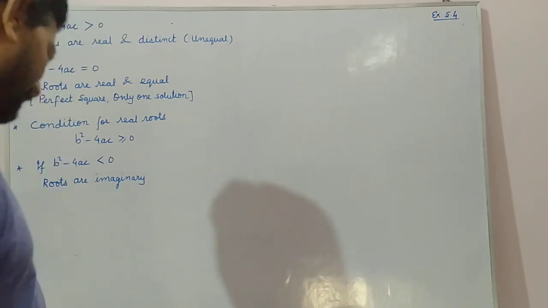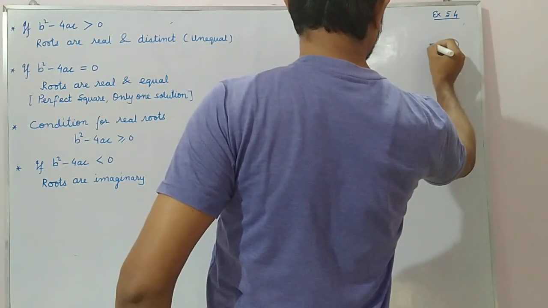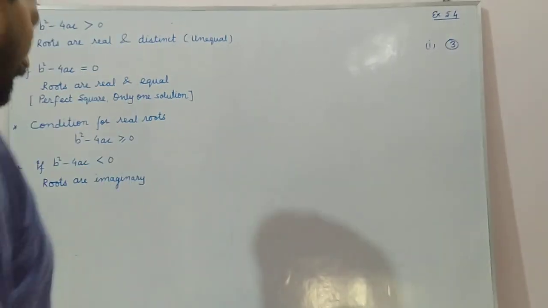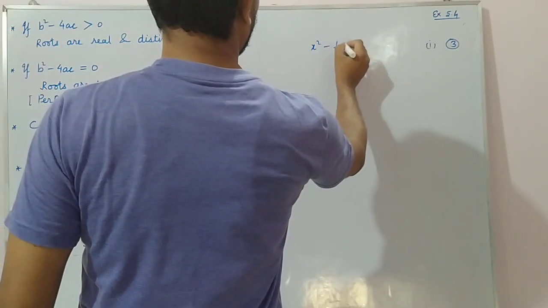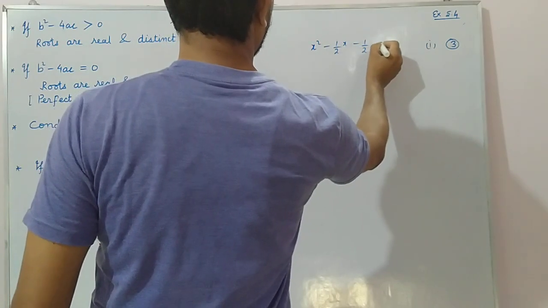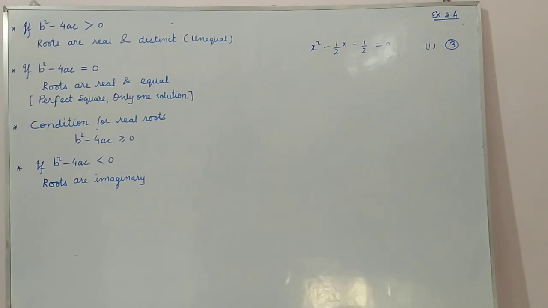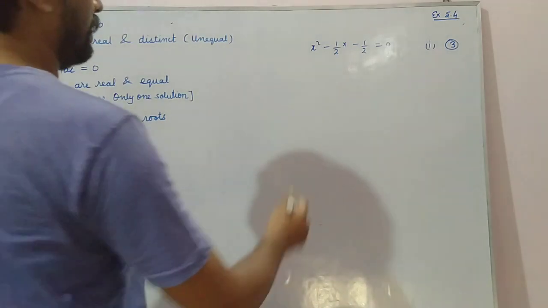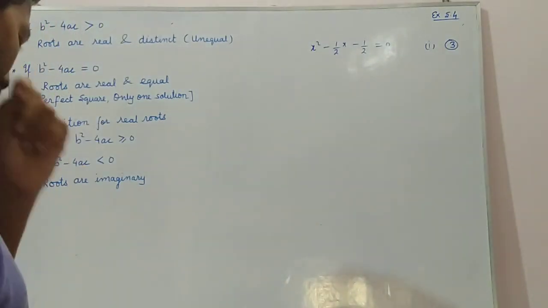Question number 3. It is given x square minus 1 by 2x minus 1 by 2 equal to 0. Now we have to find the nature of the roots, and if it is real then we will find the roots. Here it is given, find the nature of the roots of the following quadratic equation.